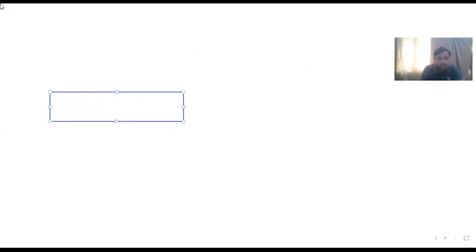Then this is the tendon. Tendon means reinforcement bar. And then we apply the prestressing force. This is our prestressing force, like this.